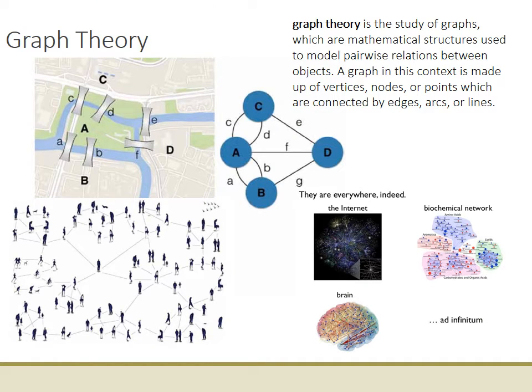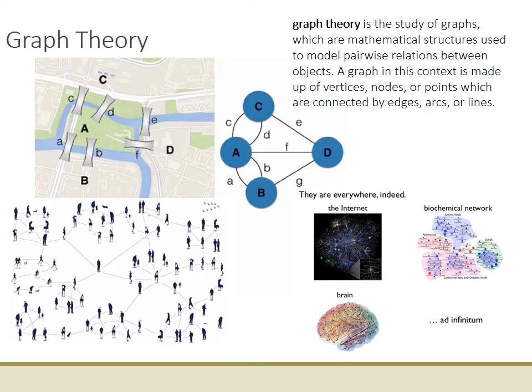So now that we have a functional network, I'm going to introduce graph theory, which is the study of graphs, which essentially are mathematical structures that describe how objects interact with each other. This was initially described in the 1700s by Euler when he was analyzing city planning.